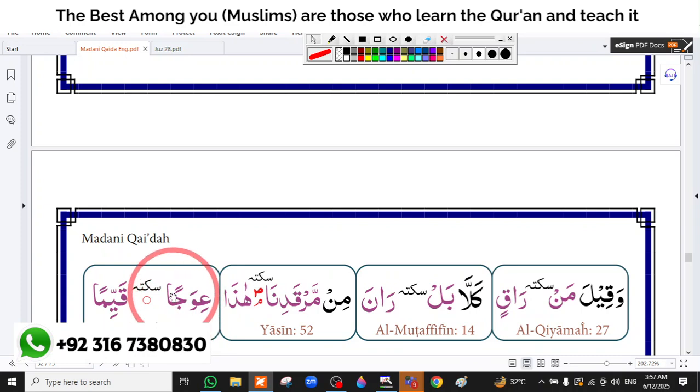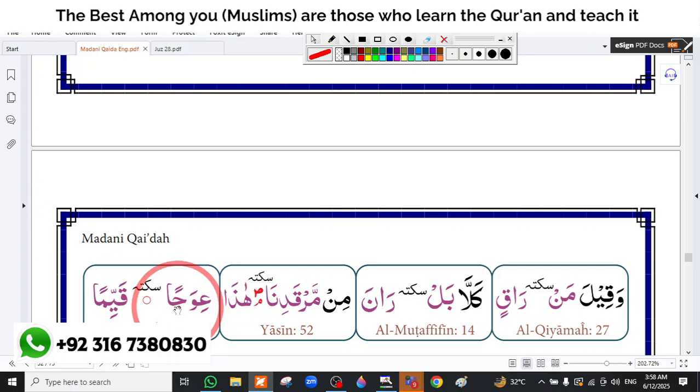Take a pause here because the double zabar will convert into an alif when you do sakta. So take a pause here and read, please. Let's do it. Yes, let's start, please. Muhammad Abdur Rahman, let's practice now.